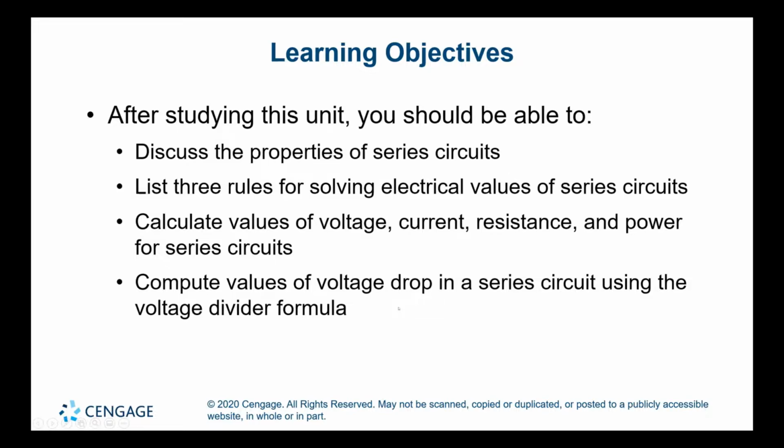And also we are going to be using another formula today, which is called the voltage divider formula, in order to calculate the given value of the voltage drop in any resistors around a closed loop.